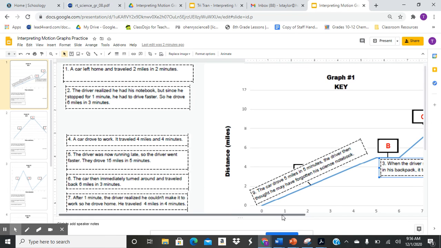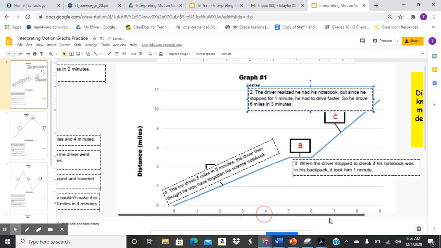This story is talking about a car thinking he left his notebook. He stopped to check for his notebook. And so if I'm going along with that notebook story, description 2 is going to be the description that matches for C. It says the driver realized he had his notebook, but since he stopped for 1 minute, he had to drive faster. So he drove 6 miles in 3 minutes.